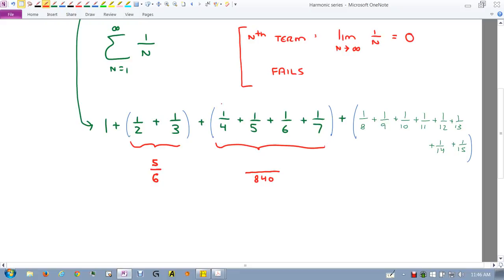So to rewrite this over 840, you'd have to multiply the top and bottom by 210, which would give you a 210 plus, here you'd have to multiply top and bottom by 168. So you get a 168.